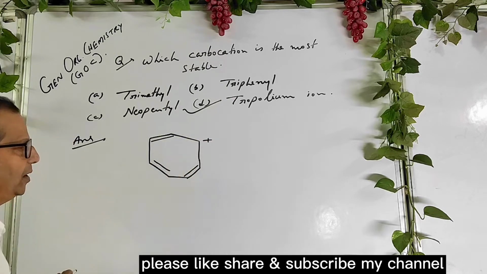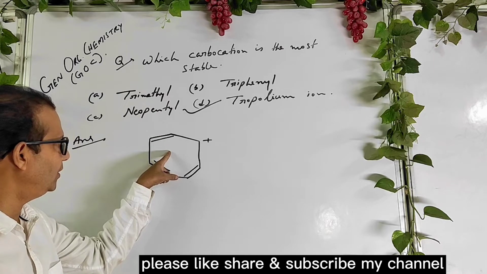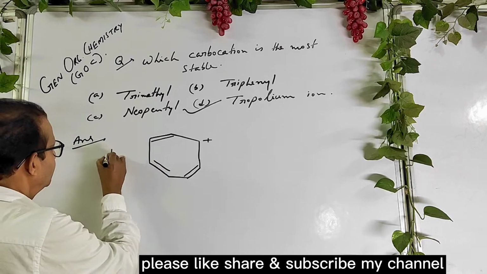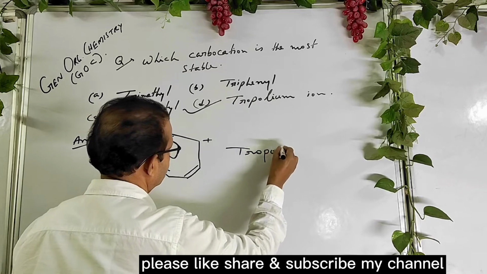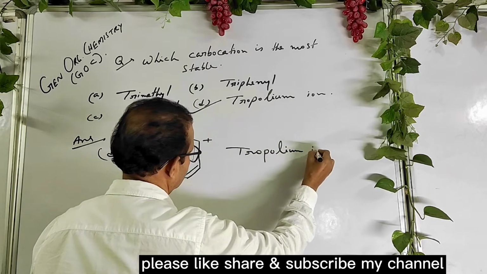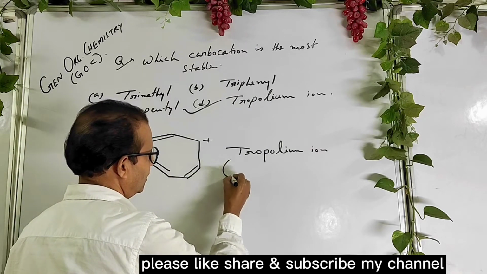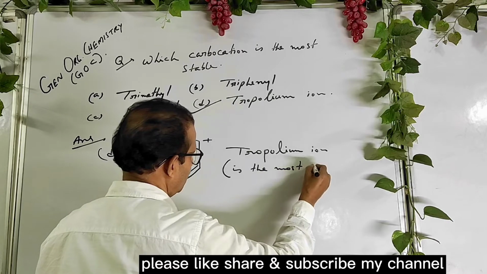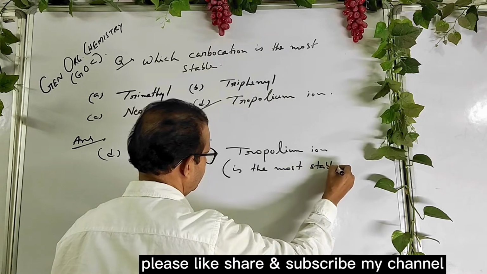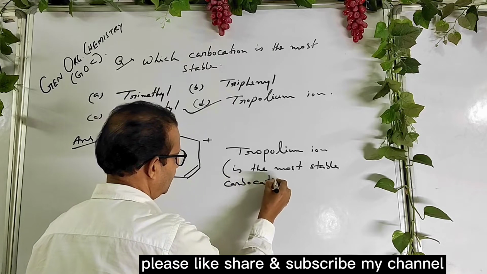This is the tropylium ion, and this is the most stable carbocation.